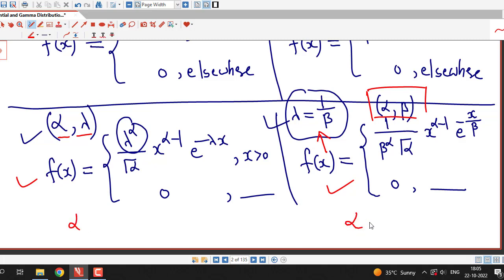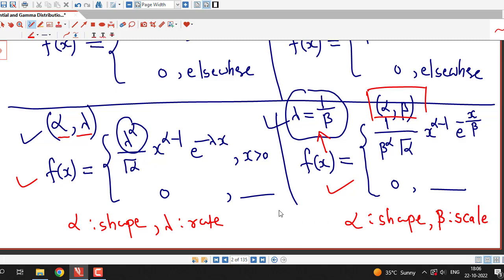In both cases, alpha is the same. It is known as the shape parameter, and here we are using lambda. Lambda is called the rate parameter, and lambda is equal to 1 over beta or beta equal to 1 over lambda. So beta is known as the scale parameter.